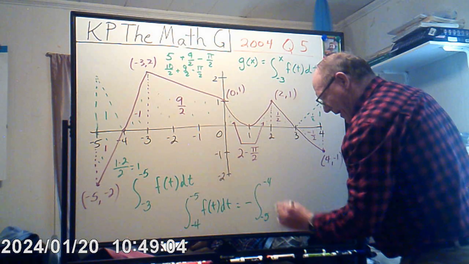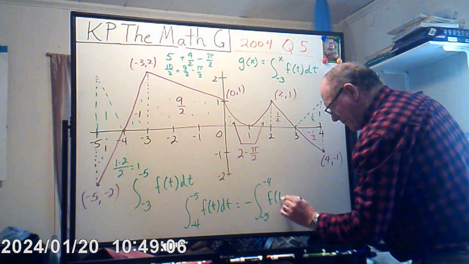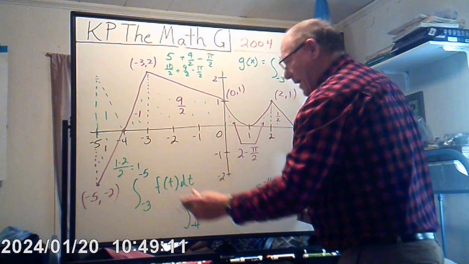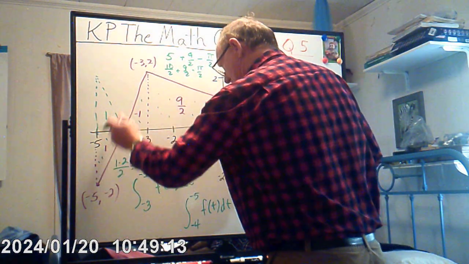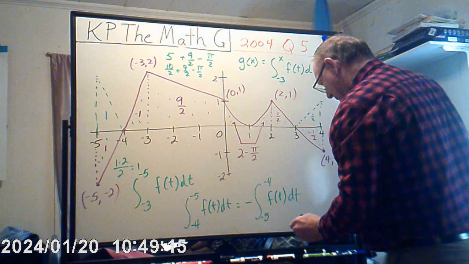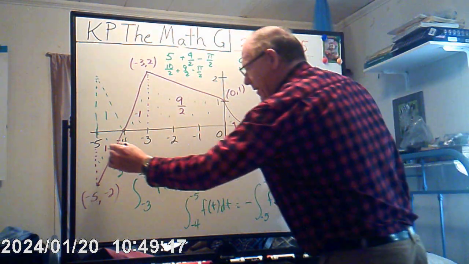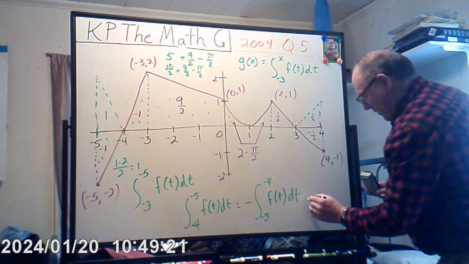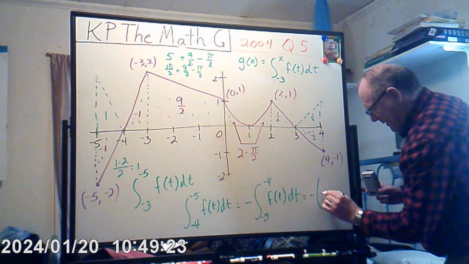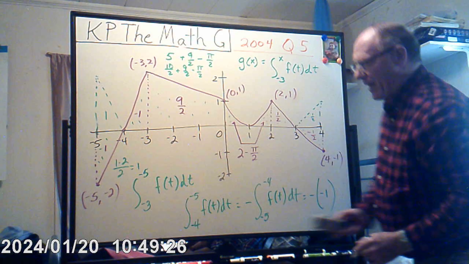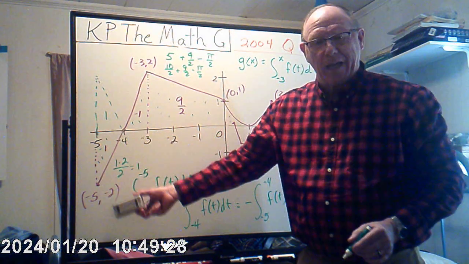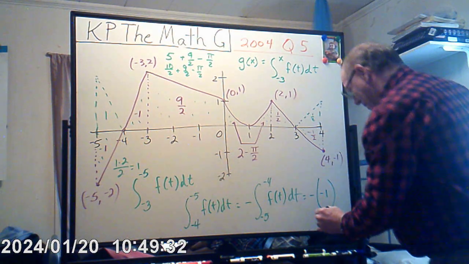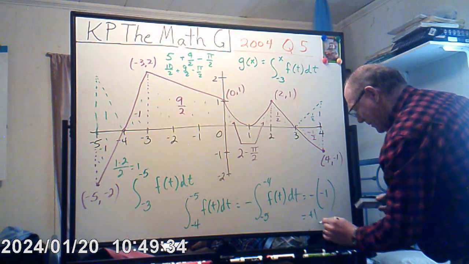I still got to put that negative out there. Now if I do that, this is actually 1, because the answer down here, if it's below the axis, is of course negative 1. We know that this is negative 1 because it's below the x-axis, but the negative in front makes this one equal to positive 1.